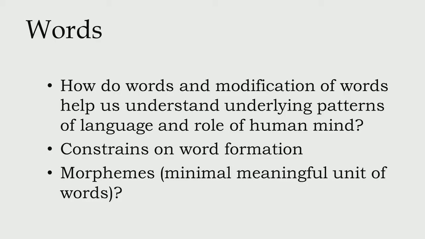We have also looked at constraints on the formation of words, and those constraints play a very important role in making words, and in turn those constraints help us understand how and why a combination of any set of sounds is not possible to make words.